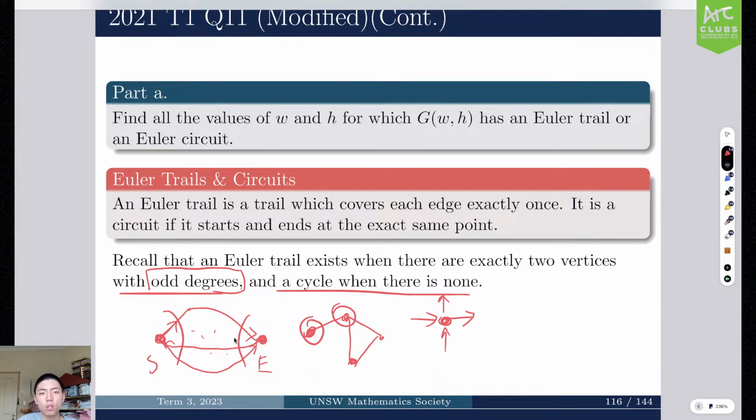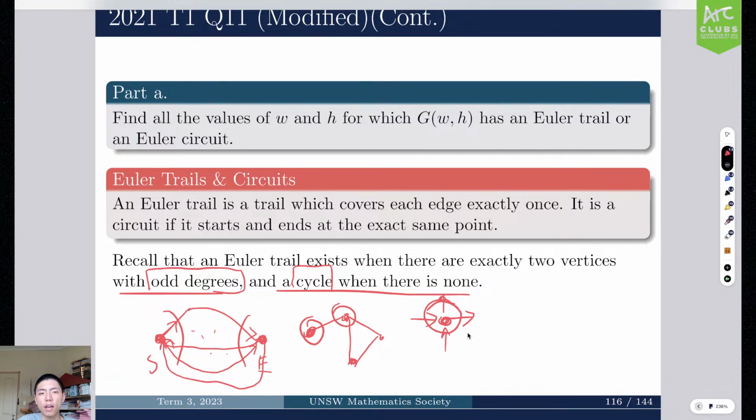So the 2 odd degree vertices are the ones that you start at and end at, because you do not go back to the original start when you finish at the finish line. So the start has an odd degree and the end has an odd degree. Other than that, if you're going to have a cycle or an Euler circuit, then when you go back to where you started from, you would satisfy this equal entry-exit rule. So that means every vertex has to have even degree.